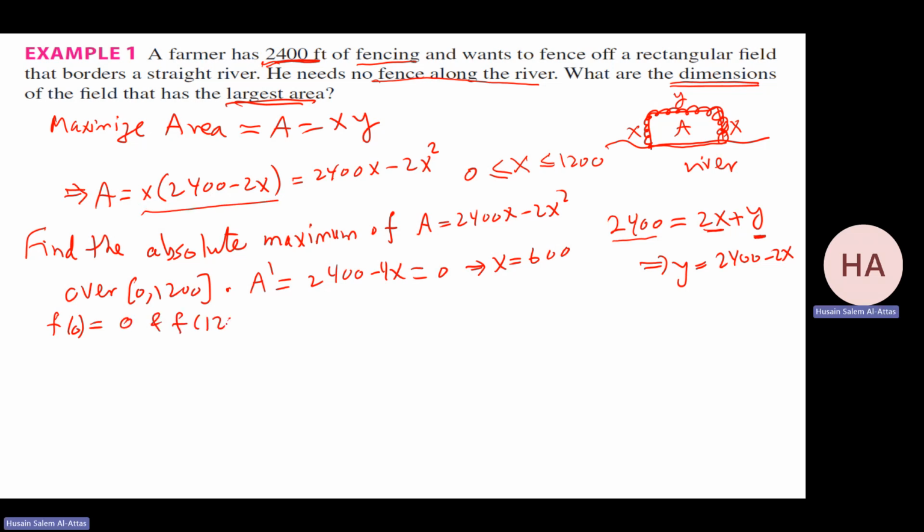And f of 1,200 will be 0. And f of 600 will be 600 times 1,200, which is 720,000. Here we have the largest, so we have an absolute maximum.